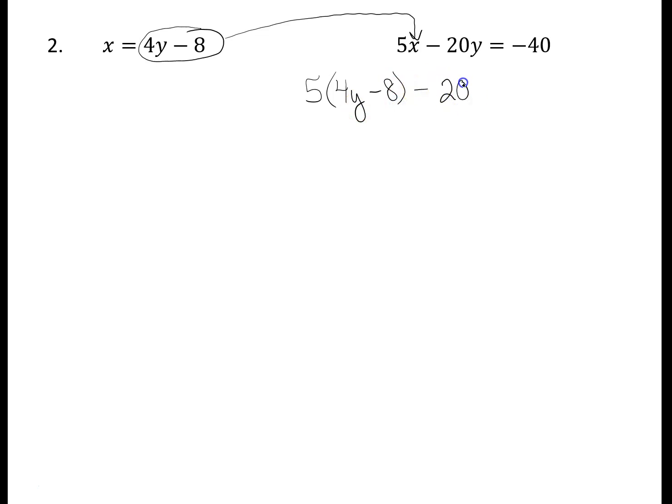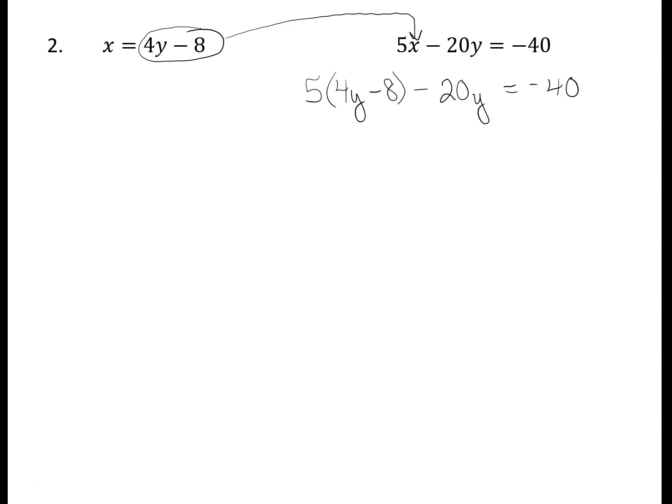Bring down the rest of the equation. And now this equation has only y in it. It should always, once you substitute, the resulting equation should have only one variable in it. Sometimes it will be x, sometimes it will be y, but just one variable.